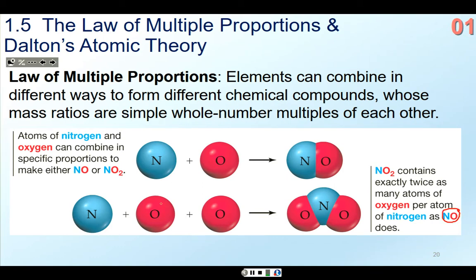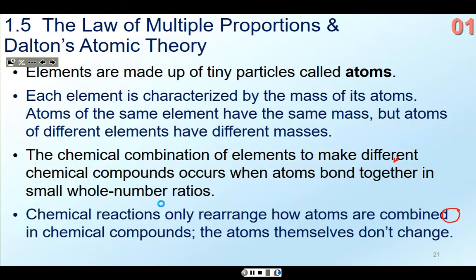And NO2, nitrogen dioxide, contains twice as many atoms of oxygen per nitrogen as nitric oxide. So they're combining in different ways so that the mass ratios are simple whole number multiples of each other. They combine in 2 different ways, and they're always simple whole number multiples of each other.